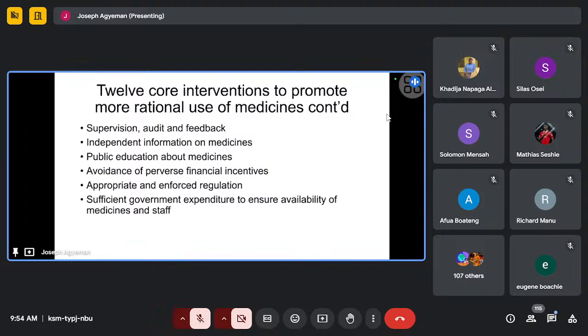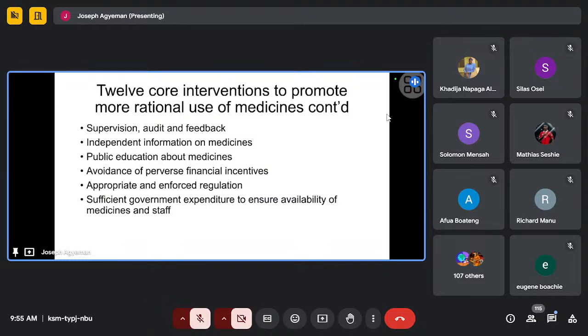You already know what they do: monitoring, inspections, disciplinary actions, certain standards for drugs, code of ethics, and what have you. Once they are able to work well and you follow everything, you are kept in line. What is going to happen? It is going to contribute to rational use of medicines.